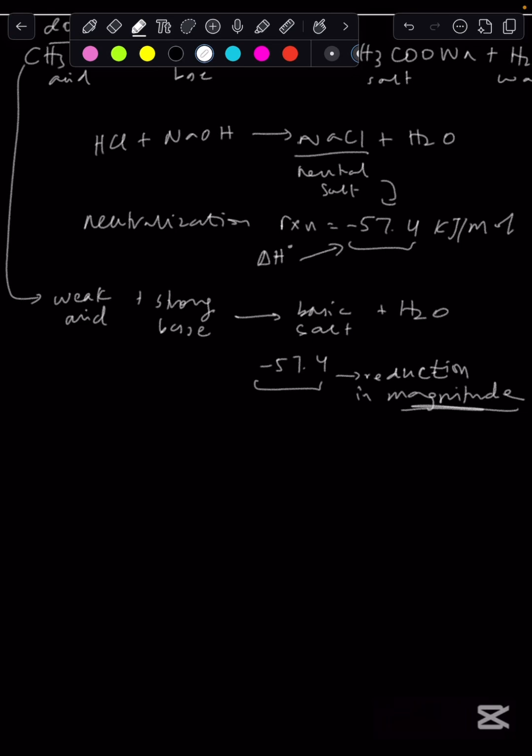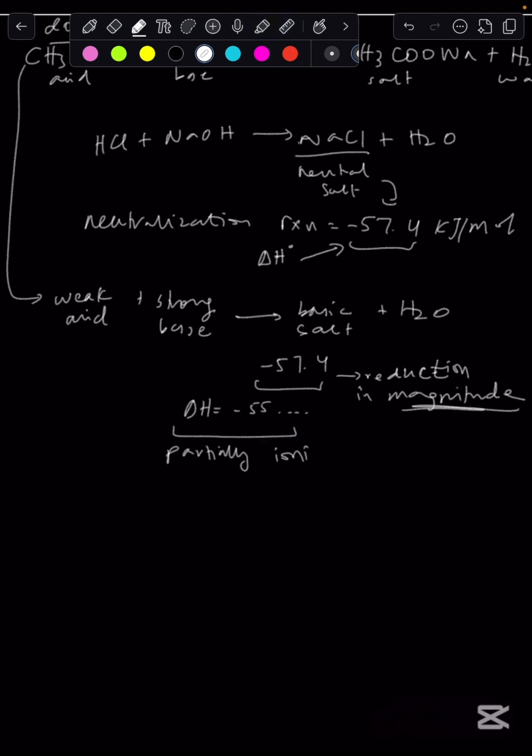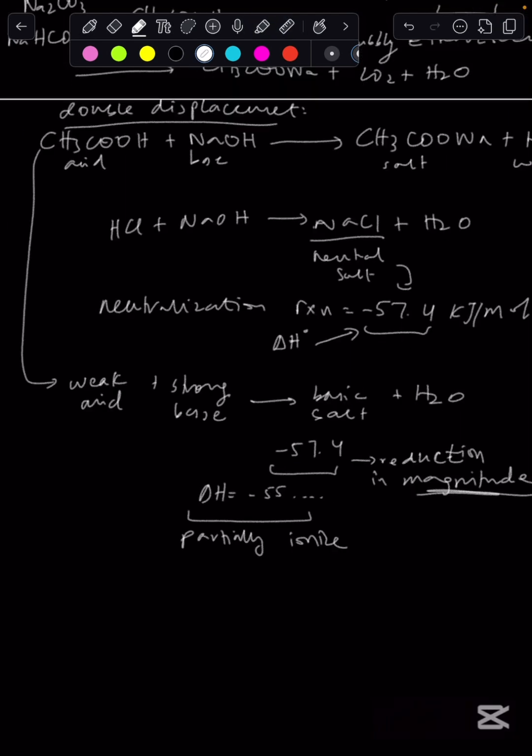The heat of reaction is going to be like minus 55 or anything like that. This reduction means that the acid will partially ionize. For example, a strong acid will completely favor the forward direction, 99% forward and 1% backward. Now this will partially ionize, meaning it will favor the backward reaction more.